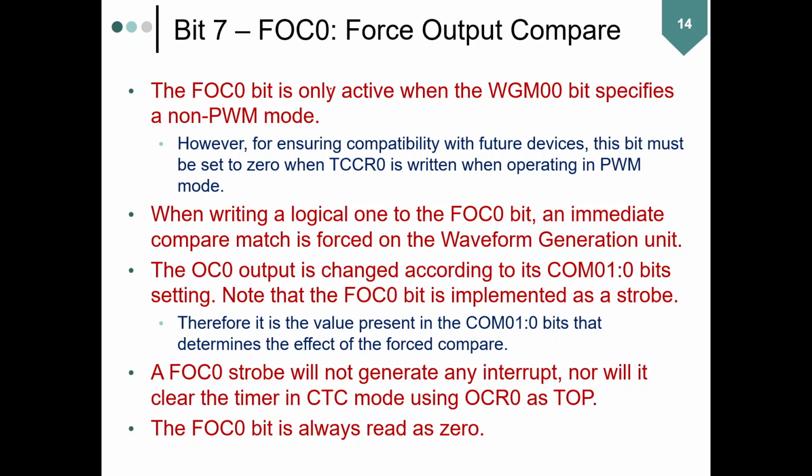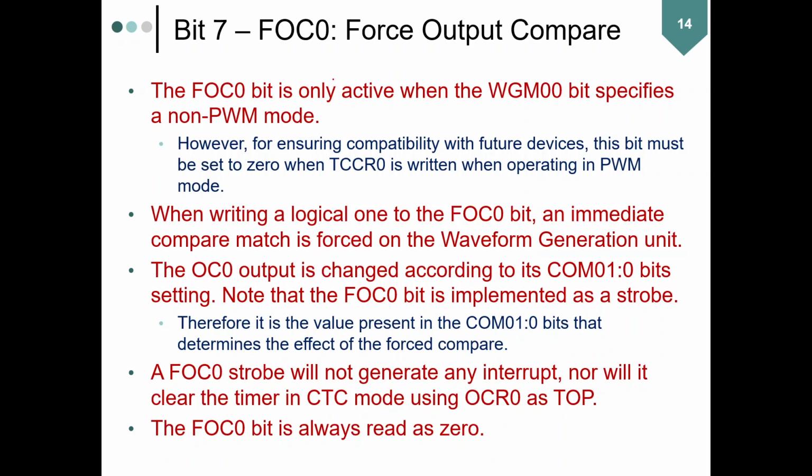So it has to be 0 whenever you are in PWM mode. And when writing a logical 1 to this bit, an immediate compare match is forced on the waveform generator unit. So if you write 1 to it, the impact is that no matter what the timer is doing, immediately the waveform generator unit is going to force a compare match and generate the event.